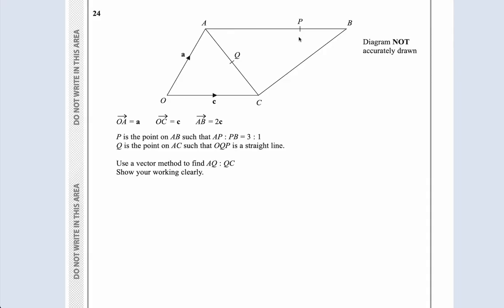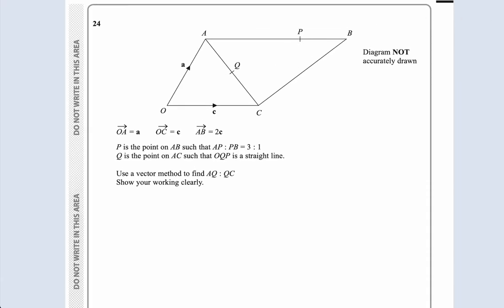Now this whole vector from here to here is 2c. It tells us that here. But it says it's in the ratio 3 to 1. Now guys, if you remember, if you divide by a ratio, you add these together and you get 4, and you then say, right, this is 3/4 and this is 1/4.